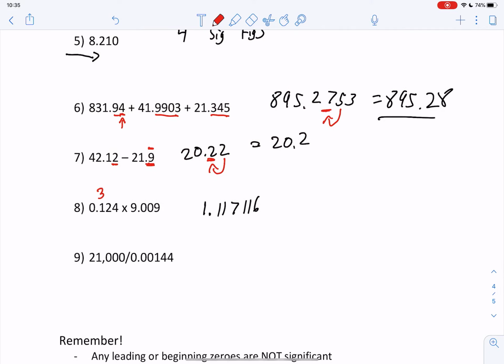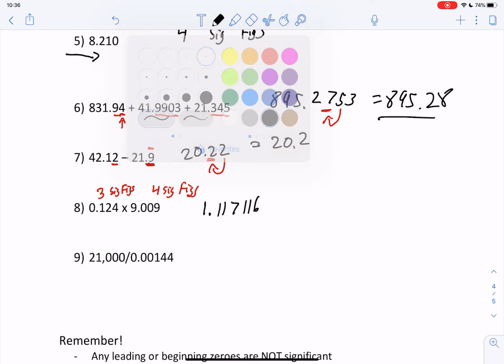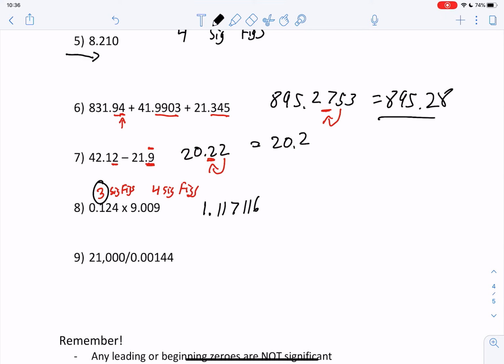This one has 3 sig figs. This one has 4. So we know our answer is going to be in 3, right? Because that's the lowest amount. So 1, 2, 3. And the 7 is going to round the 1 up. So our final answer will be 1.12.